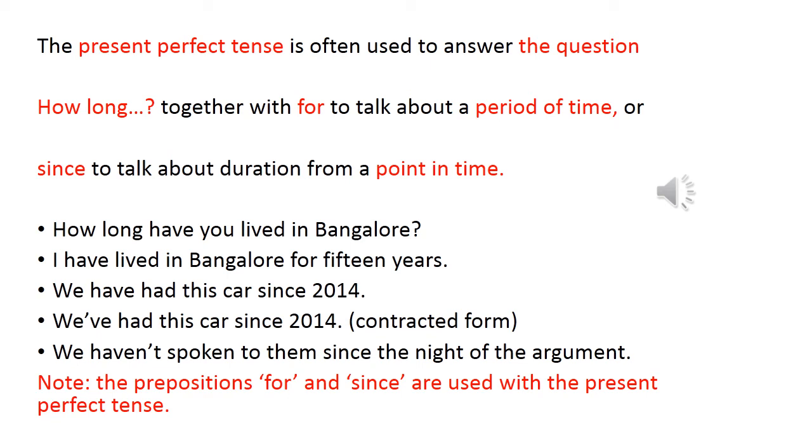So sometimes we can even rewrite this sentence in this particular way, saying that since the night of the argument, we haven't spoken to them. Or we haven't spoken to them since the night of the argument. So you must make a note of the prepositions here, that is for and since. And these are two prepositions which always go along with the present perfect tense.